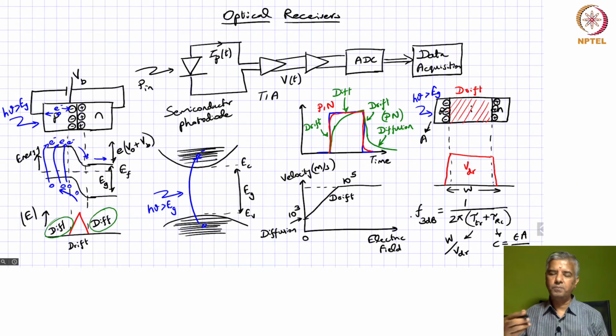Just to give you an idea, if you want to have a receiver with nanosecond response time, nanosecond rise time, why do you need a nanosecond rise time? Well, it could be an application like we talked about in the last lecture. It could be an application in distributed sensing where you have a 10 nanosecond pulse that you need to capture at the receiver.